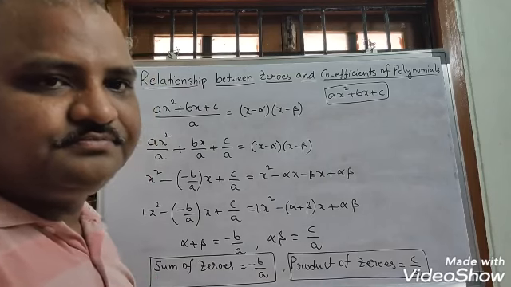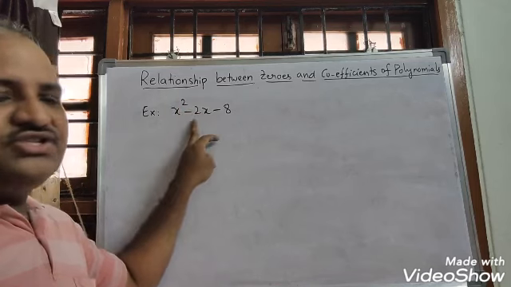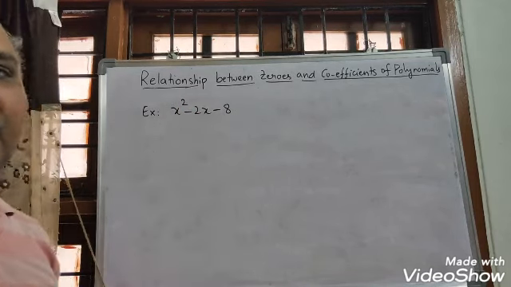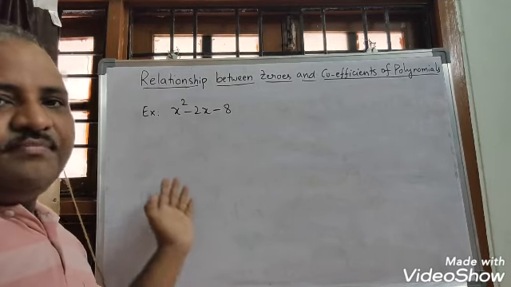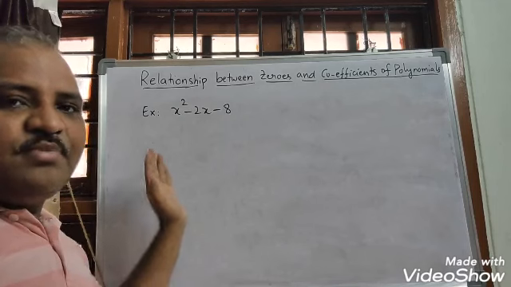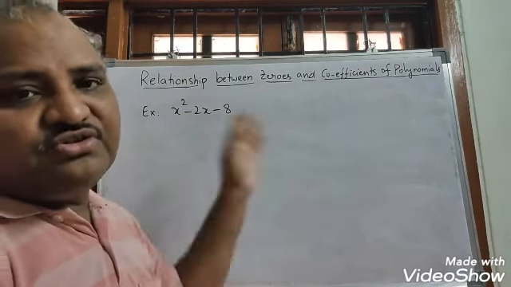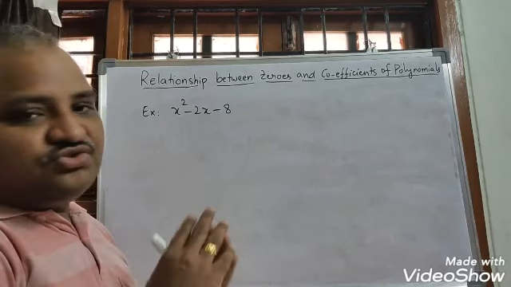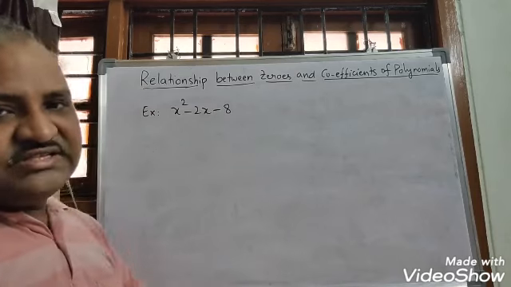Let us take an example, x square minus 2x minus 8. For this polynomial, let us apply these formulae, and by applying them we can obtain the sum of zeros and product of zeros, and after factorization we'll obtain the two zeros of this polynomial. Those two zeros we can add and multiply to tally with this.